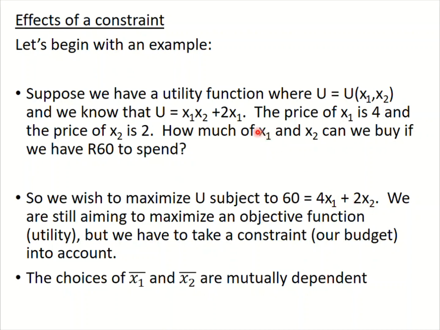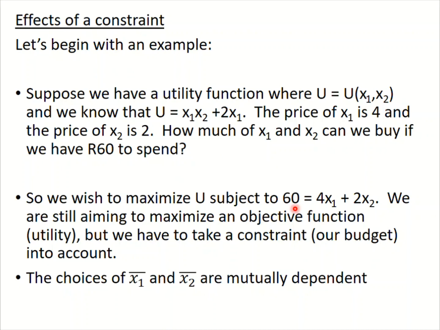And we also know how much utility we will derive from consuming these two goods, okay, or we can work out how much utility we will derive based on how much we consume of each good, and we want to maximize our utility subject to what we can afford with our budget and the prices of the goods.